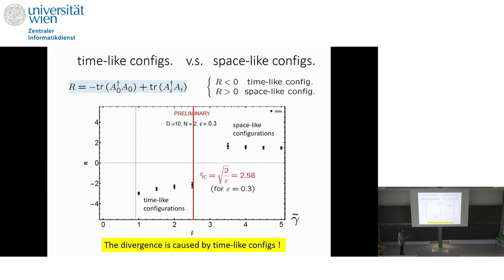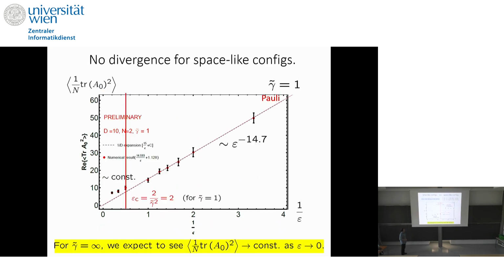Precisely below this critical value of gamma, we have a negative value for this quantity, which means that the configurations we generate in this region are time-like, whereas those generated in this region are space-like. So the divergence occurs here, and it is caused by the time-like configurations.